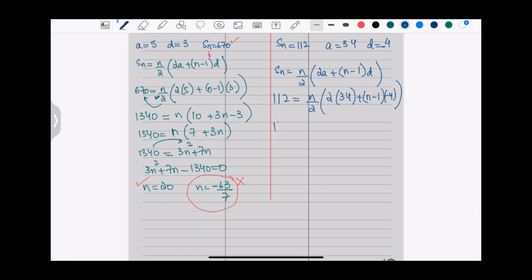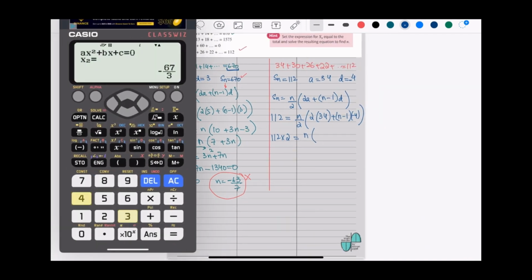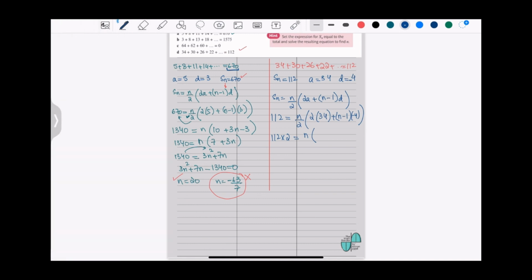Now 112 times 2 is equal to n times 2 times 34, which is 68, minus 4n plus 4.